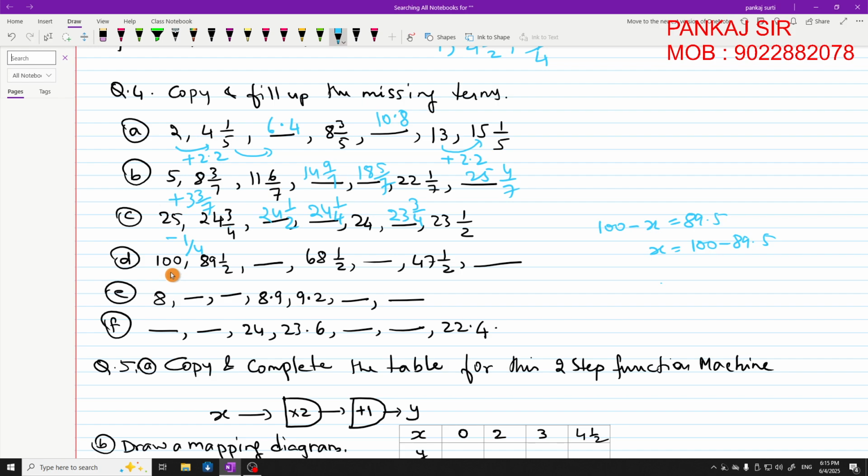So this to this is minus 21 upon 2, right? So from this, if you subtract 21 upon 2, you should get this answer. So 89 and a half minus 21 upon 2.